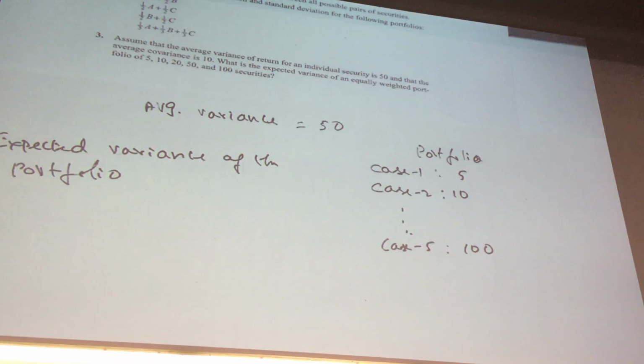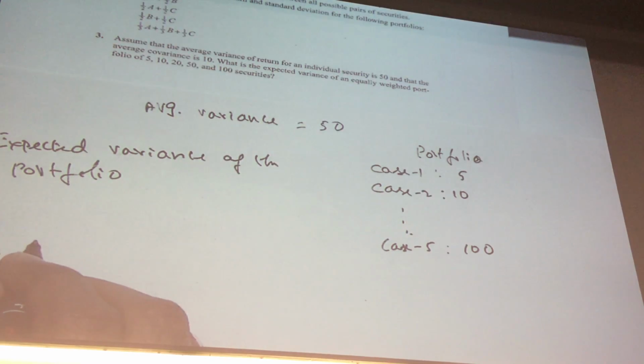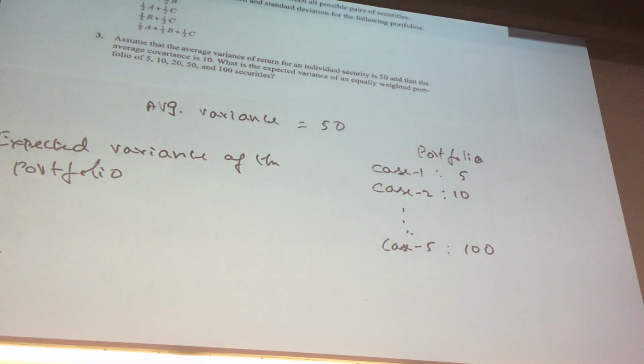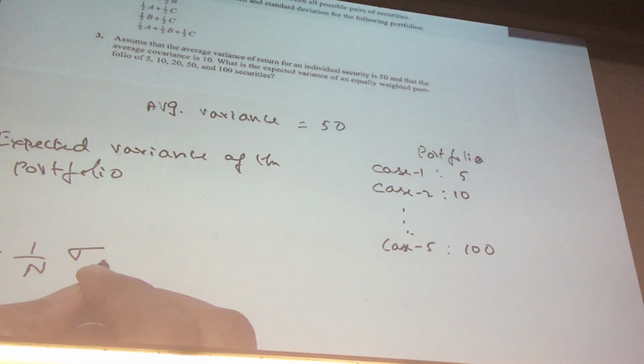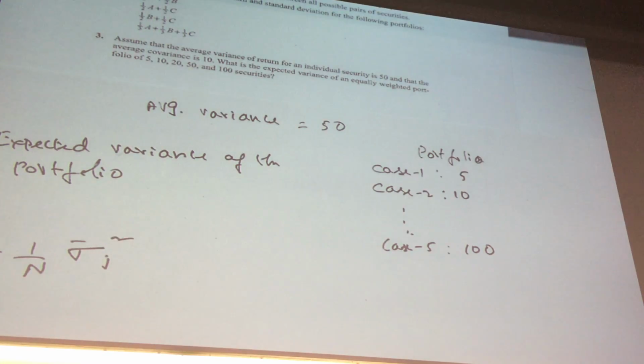So if you look back at your lecture notes, we just discussed that when you are considering equal weights, then the variance of the portfolio is equivalent to 1 divided by n sigma, the average variance of the individual assets.